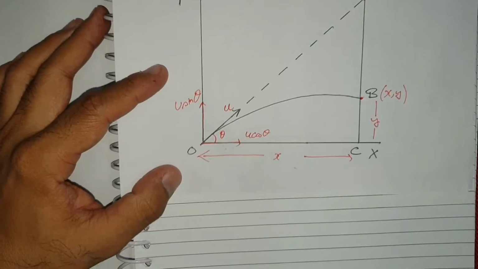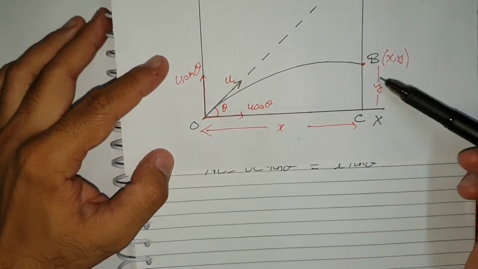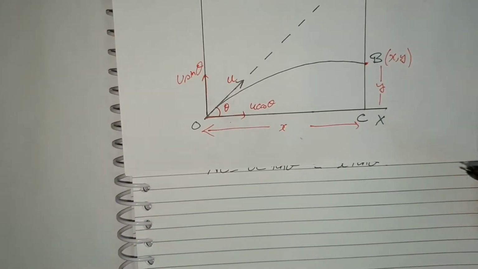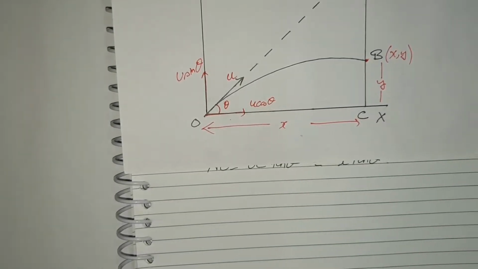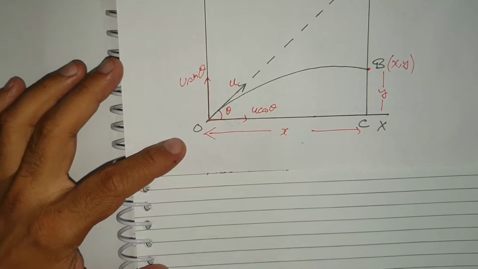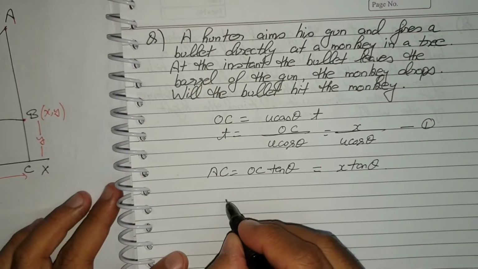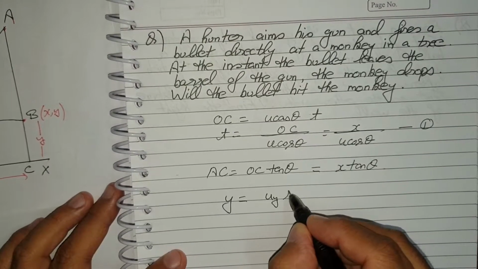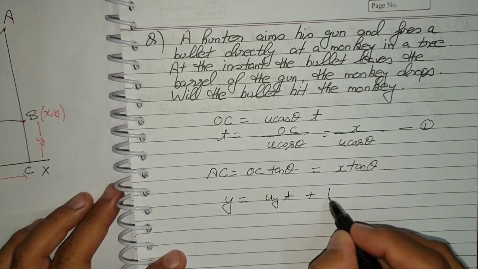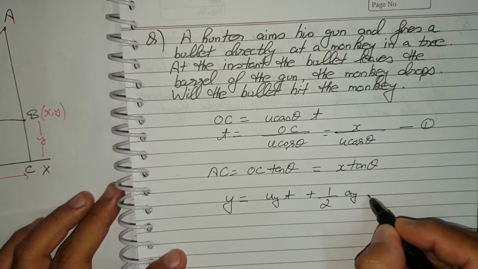x tan theta. Now we take this y, the vertical distance traveled by the bullet in time t. Again using the second equation of motion, s is ut plus half at square. This is in the vertical direction, so y will be equal to uyt plus half ayt square.